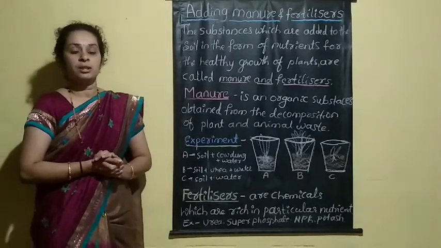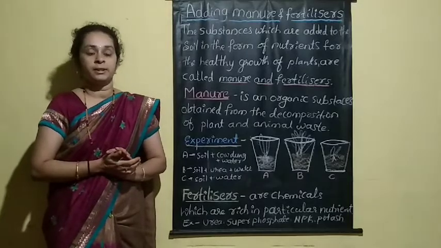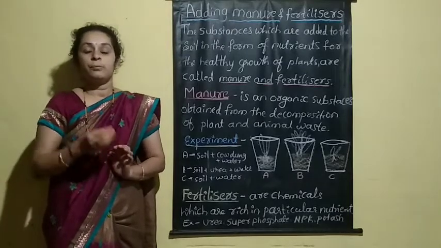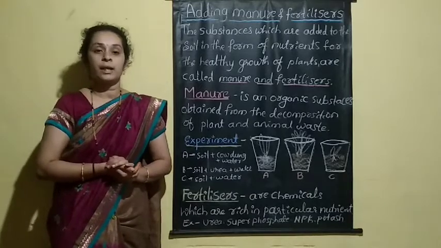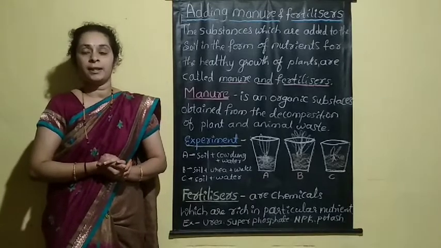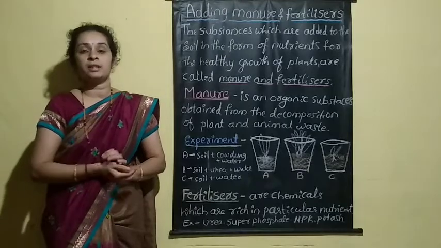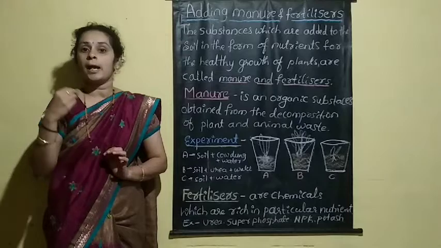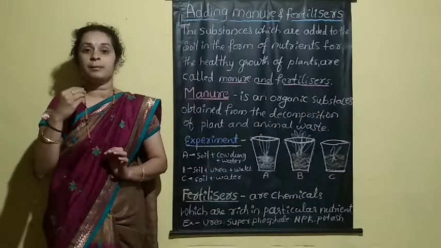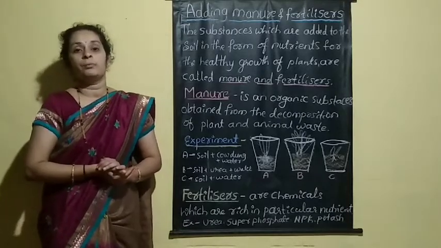Next, we have to discuss a very important experiment that shows that nutrients are very essential for the growth and development of the plant. If one type of nutrient is deficient, the plants will not give proper growth and proper yield, and the plant will become weak.